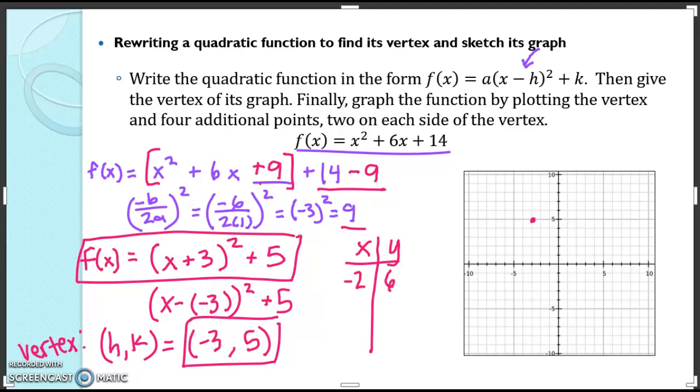So at negative 2, I'm at 6. So far it looks like it's opening up. At negative 1, when I plug it into the function, I'll get 9. Now I need 2 on the left, so let's plug in negative 4. I'll get 6. And at negative 5, I'll get 9.